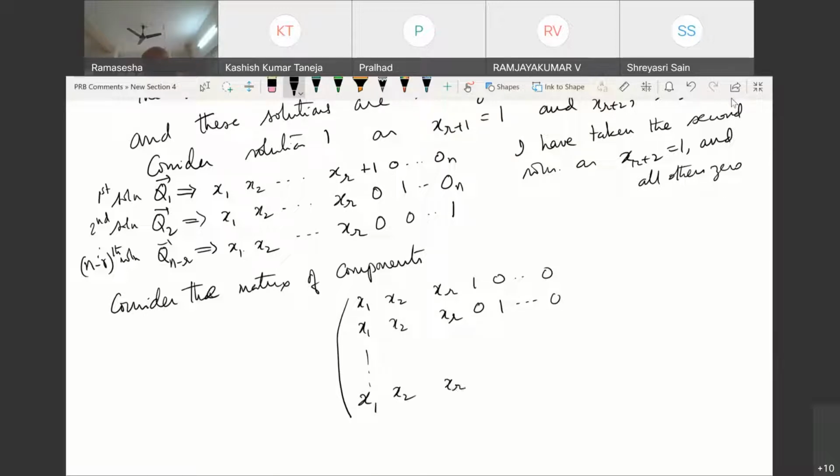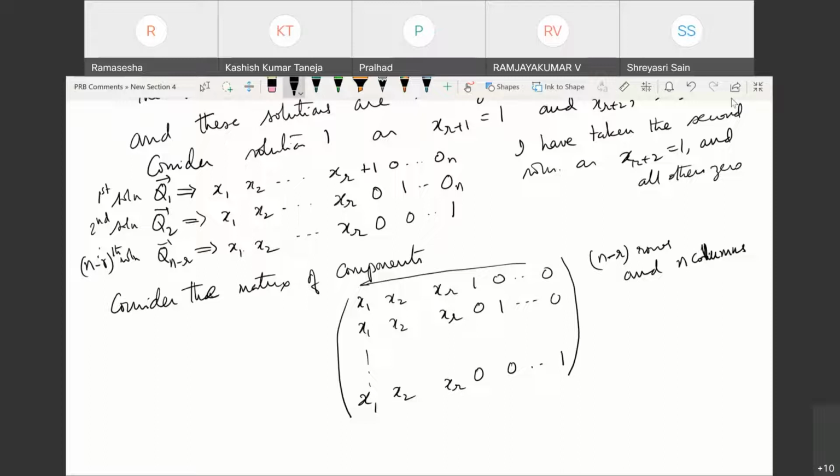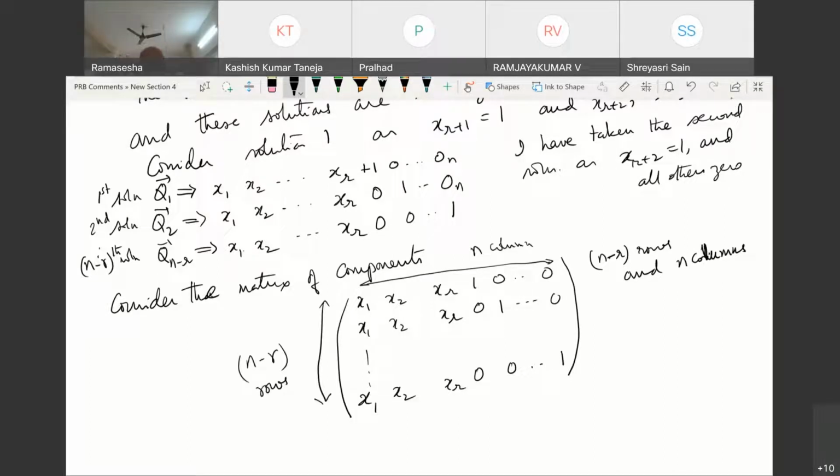This has n columns, the n components, and n minus r rows, because I have all these vectors q1, q2, ..., qn minus r corresponding to xr plus 1 equal to 1, xr plus 2 equal to 1, and so on until xn equal to 1.